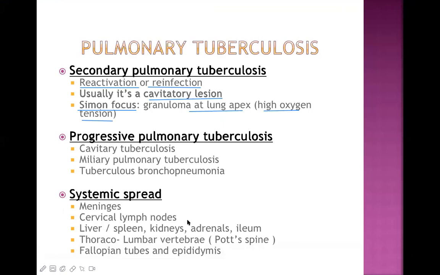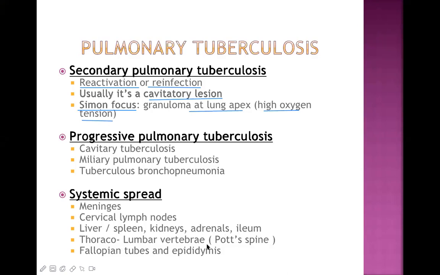Another term is also used, scrofula. Scrofula is lymph node tuberculosis in the neck region. Liver and spleen, kidneys, adrenals and ileum, any of these can be affected. So these are GI tract tuberculosis, renal tuberculosis, and even the adrenal gland can be damaged by TB.